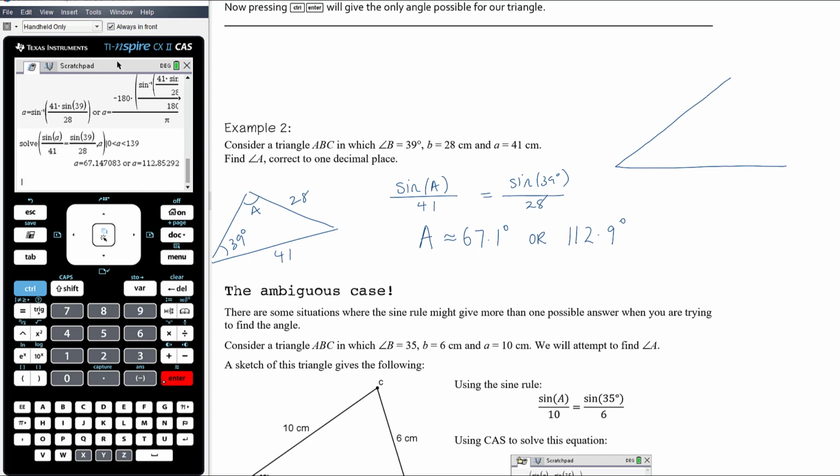So let's say this is 41 here, this is our 39-degree angle here. Now, I originally drew the triangle to say, okay, well, let's make that sort of 28. So I drew it as if this angle up here, angle A, which is what we were trying to find, is an obtuse angle. Well, actually, let me make that a bit more extreme, so that you can see that a bit more clearly.